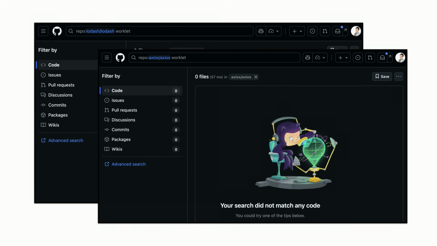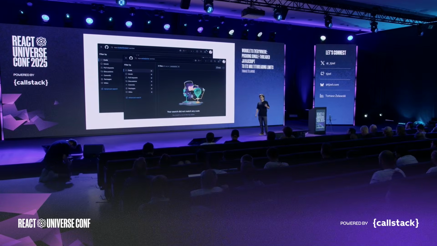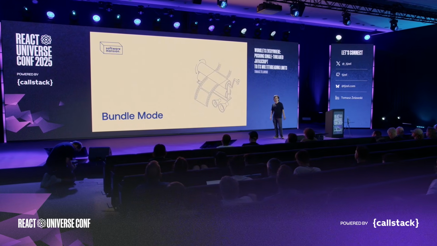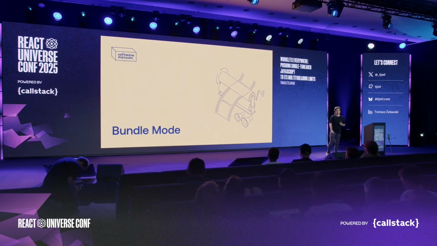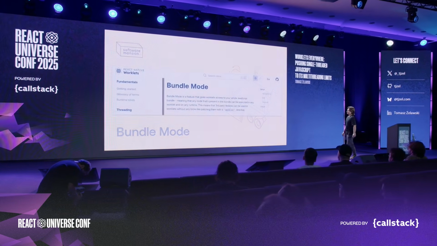So to go forward at this point, we actually have to take a step back. Do you remember when we said that the new runtimes don't have access to the JavaScript code, to the JavaScript bundle? Well, meet the Bundle Mode. The Bundle Mode is an experimental feature in React Native Worklets.